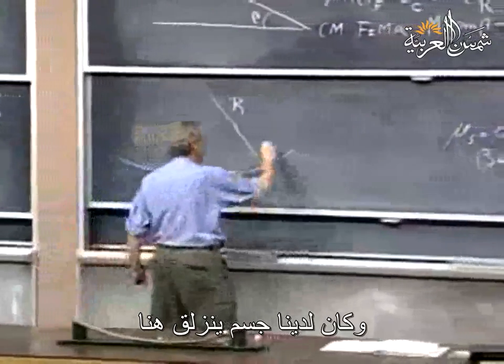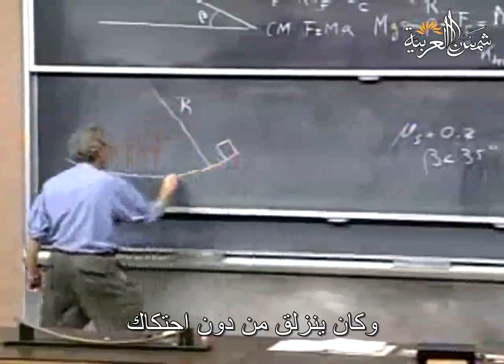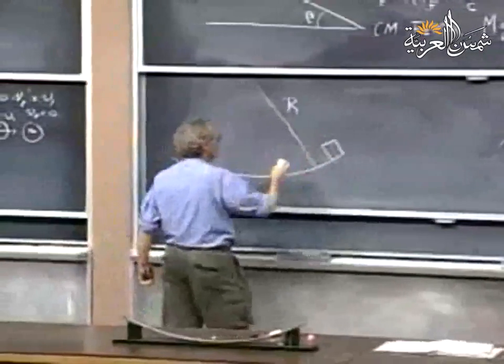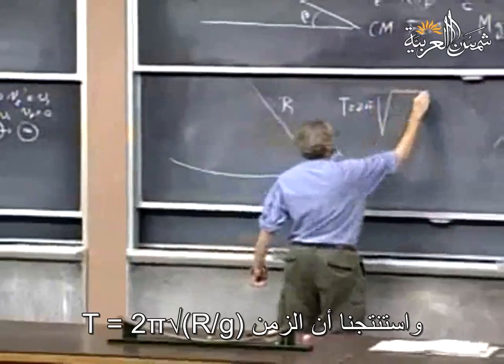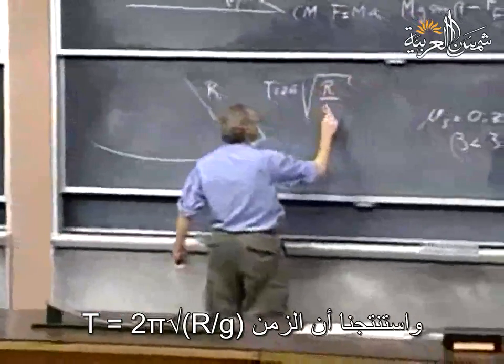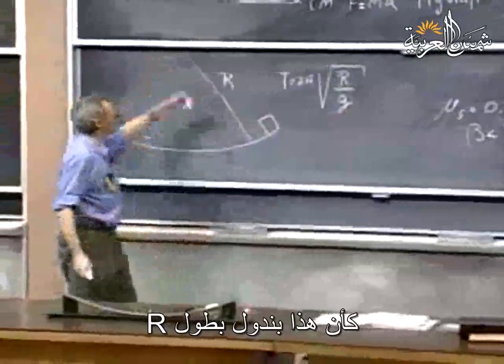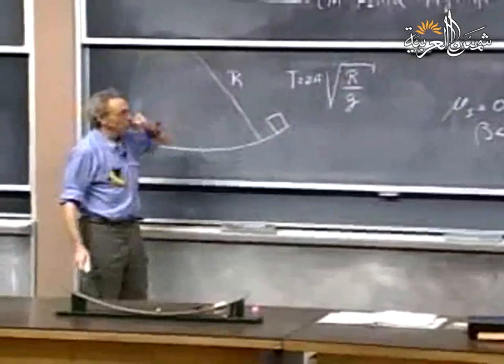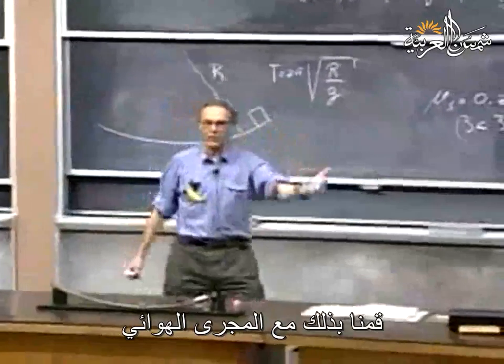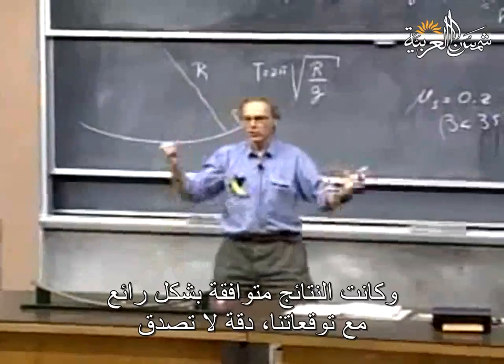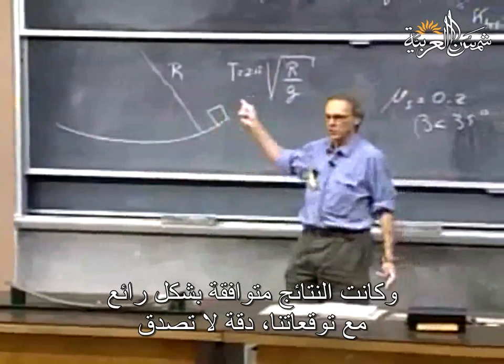And we had a sliding object here, and that was sliding without friction. And we derived that the period was 2 pi times the square root of R divided by g, as if this were a pendulum with length R, and that's in fact what it is. We did that with the air track, and the results were fantastically in agreement with our prediction.